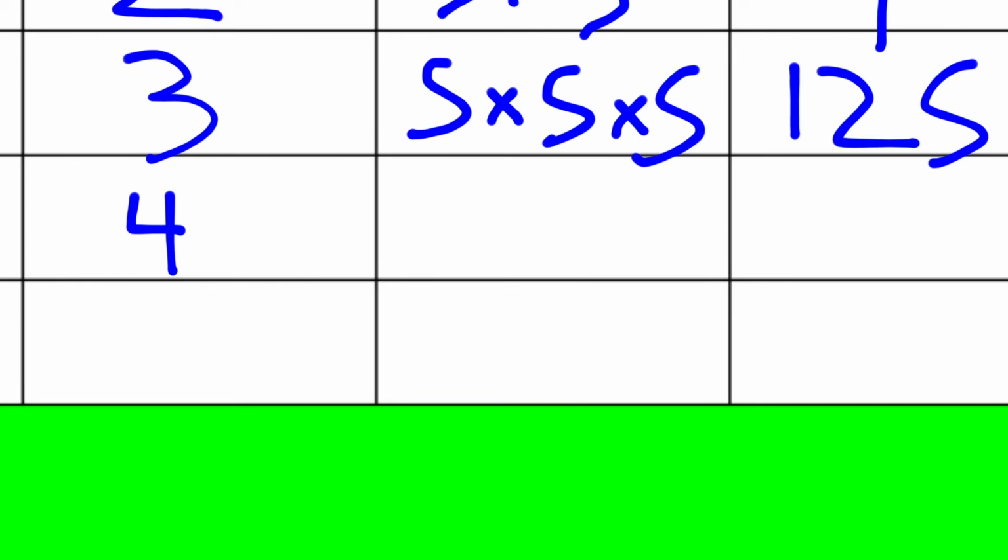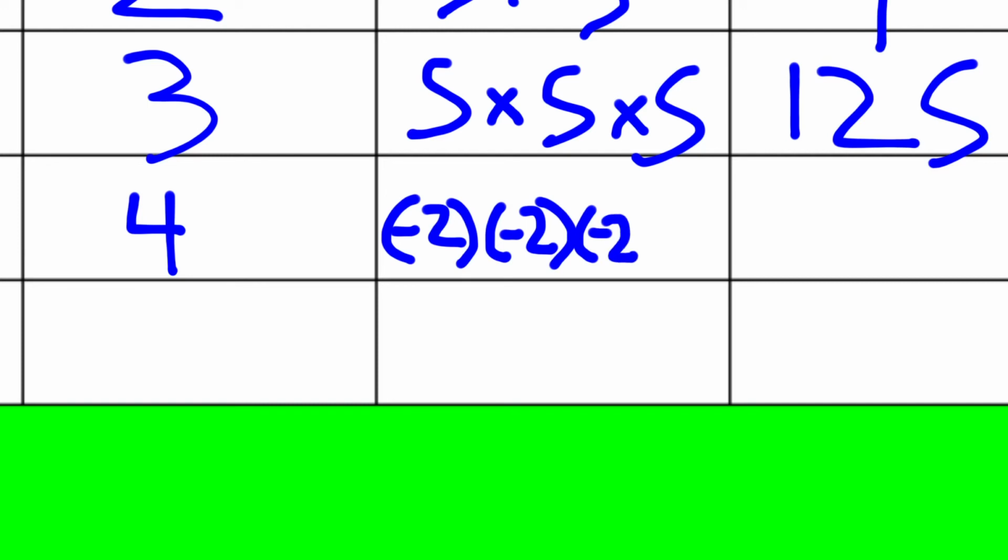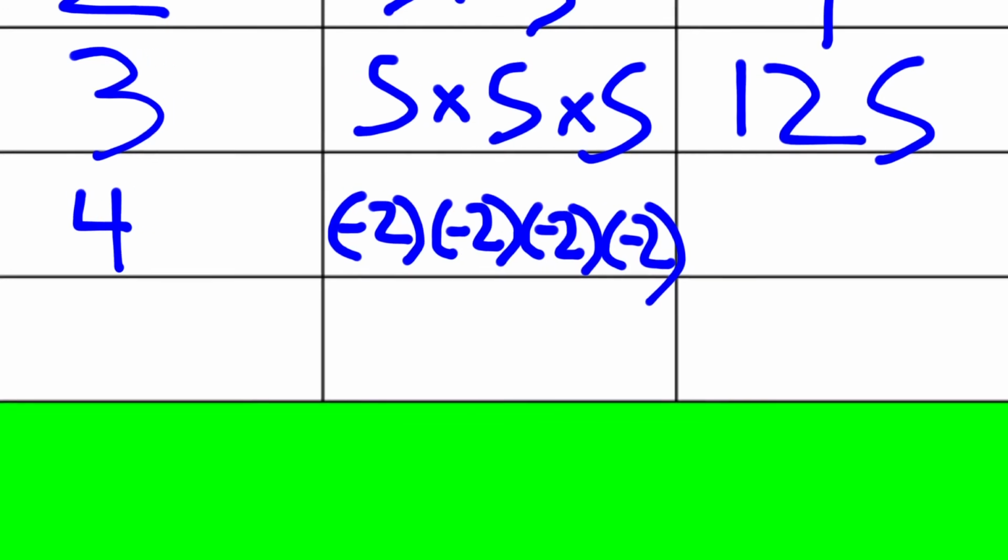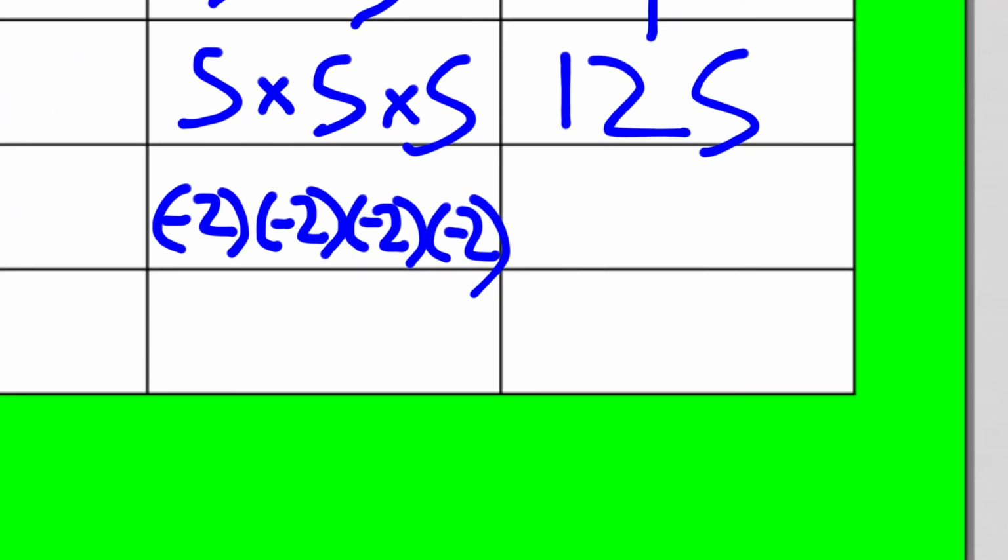So this means negative 2 multiplied 4 times. I'm going to show this multiplication with parentheses, negative 2, negative 2. And when I work all that out, negative 2 times negative 2 is 4. Negative 2 times negative 2 is 4. And 4 times 4 is 16.